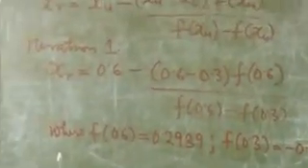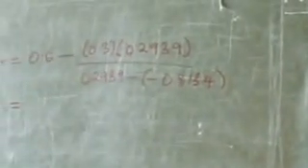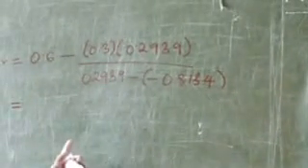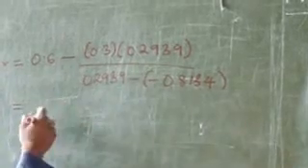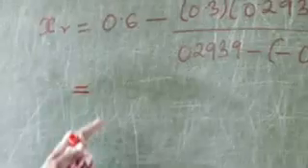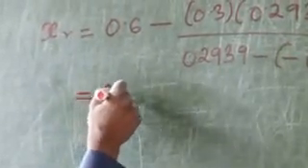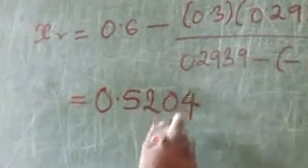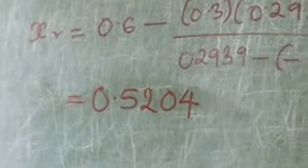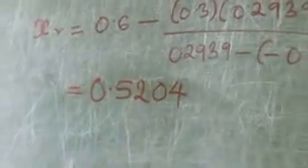Now you have it. Do this multiplication out closely, and of course the subtraction. You'll have 0.5204. This is to 4 decimal places in our calculations.